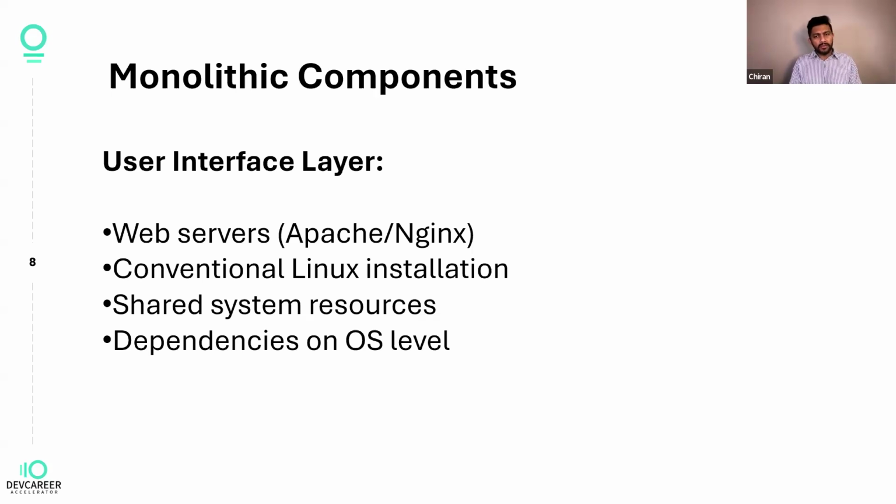Sometimes people used to deploy it in a shared system. That means you have your UI code and your business code running on the same Linux machine. Then you'll be sharing the same OS dependencies. If you patch your machine, like you need to upgrade your OS, it will work with the UI, but it will not work with your business code.